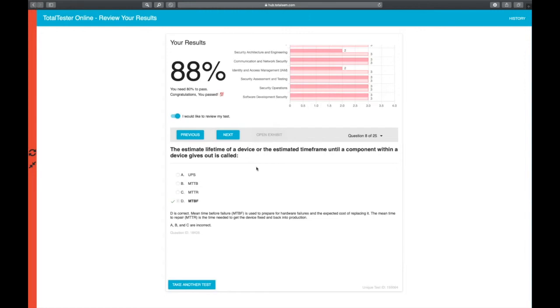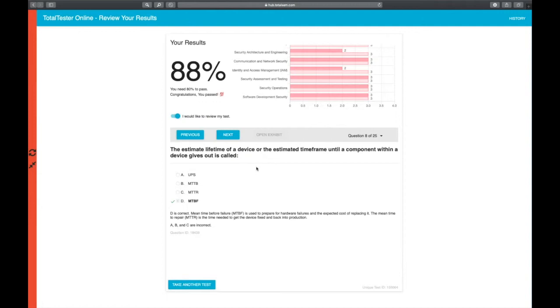Yeah, we got this one right. I didn't like it, but number 8, mean time before. That is not mean time before failure. That is mean time between failure, is what that acronym is supposed to say. But whoever wrote this question just completely created a whole new definition for this acronym.